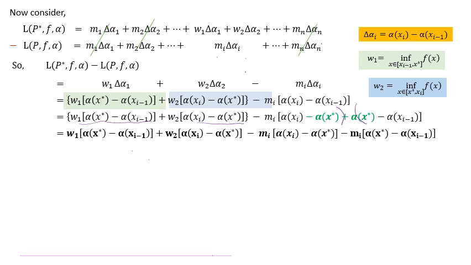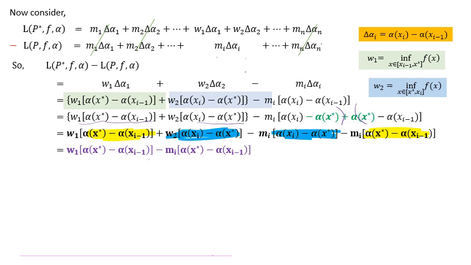Now, as I said before, watch this. This part here matches this part. Let's just take a different color. And this matches that. So we'll reorder these expressions so that they're next to each other.